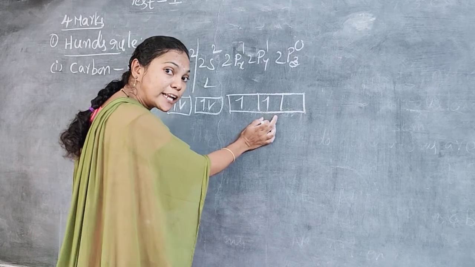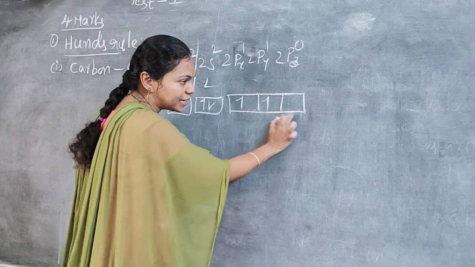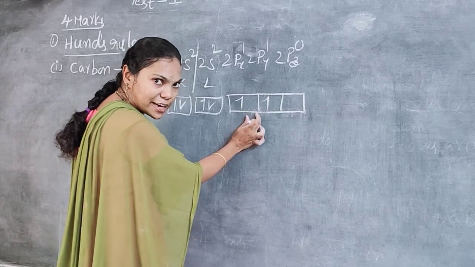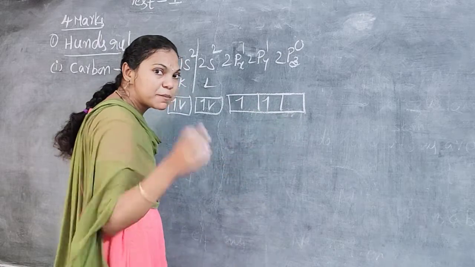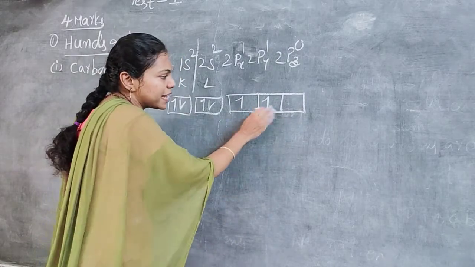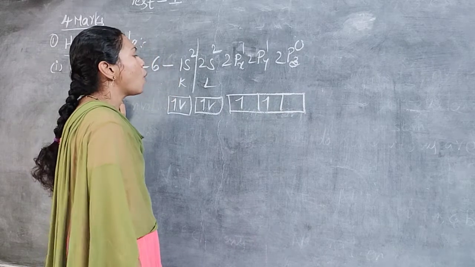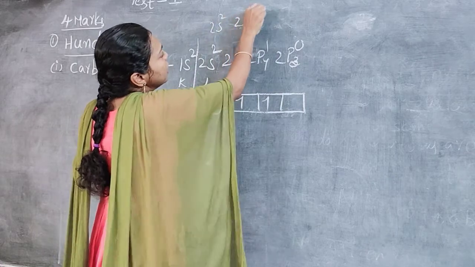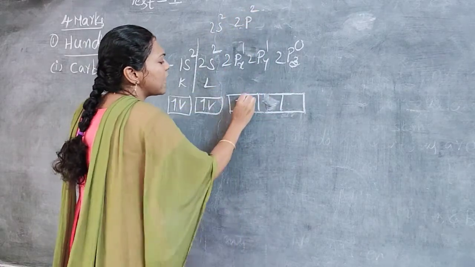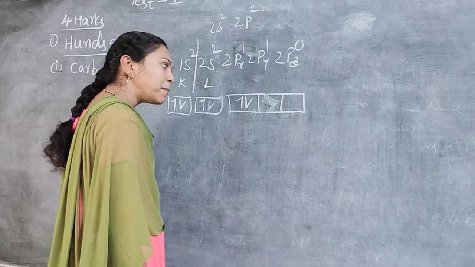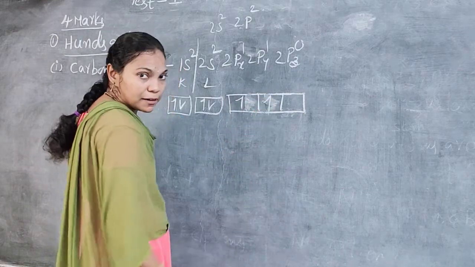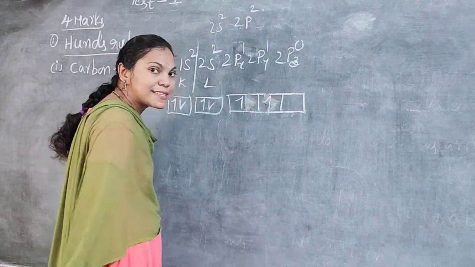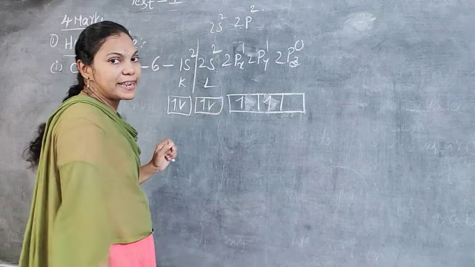These are called degenerate orbitals, which have equal energy. When these available empty degenerate orbitals are there, these orbitals must be singly occupied. Then pairing is possible. Here 2p2 means those 2 electrons are not present in the 2px only. It must be 2px1, 2py1, and 2pz also 1 if all available empty orbitals are to be singly occupied, and then pairing is possible.